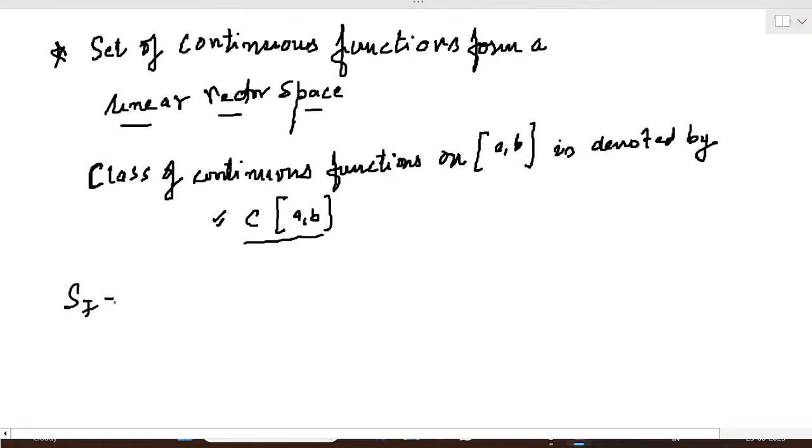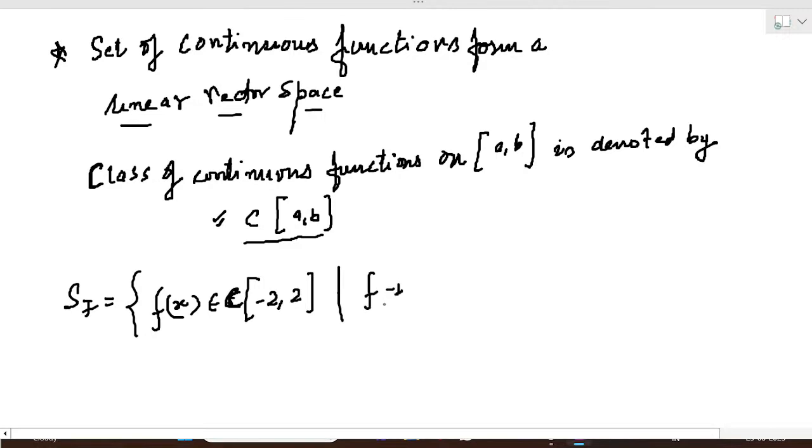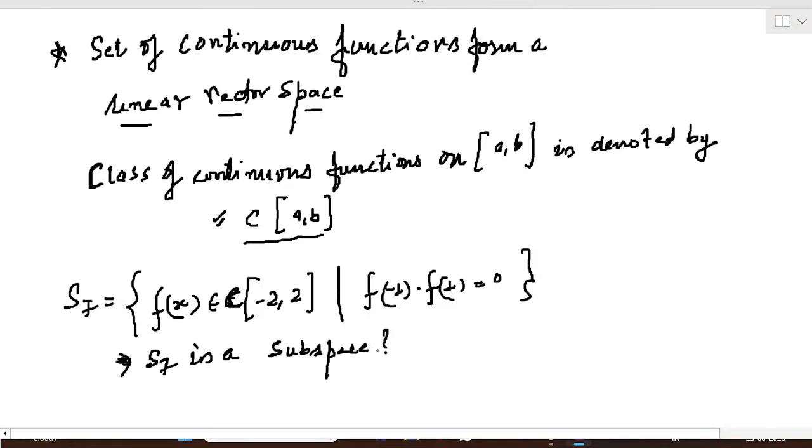So let us take another last example. Do you think that these functions which satisfy this, like C on minus 2 comma 2 such that f of minus 1 and f of 1 is equal to 0, this S7, is a subspace?